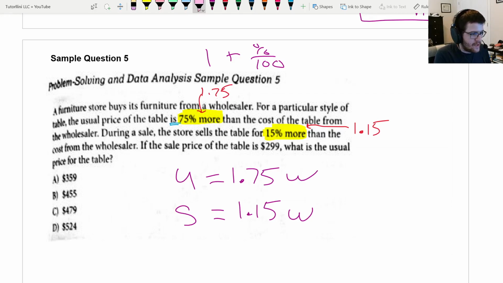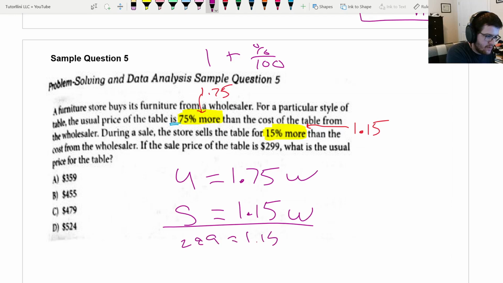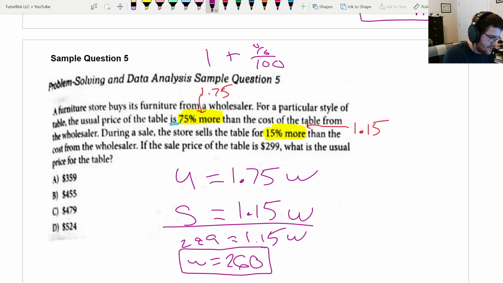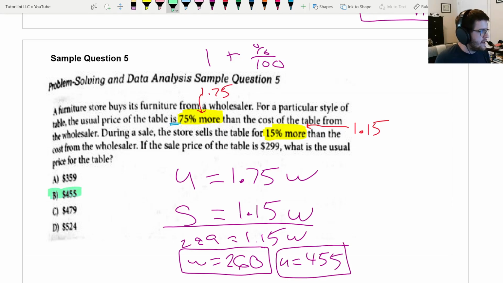If the sales price is $299, and then we divide both sides by 1.15, we get W equals 260. And now you can plug that into the first one. So 1.75 times 260, and we get a U of 455, and that is answer choice B, and that is correct.